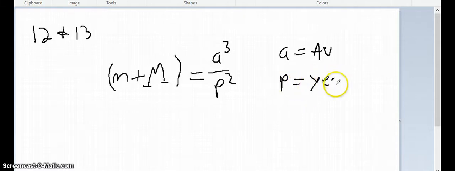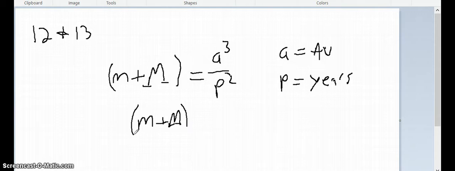All right, and then this combined mass is in units of what we would call solar units. So little m plus big M is going to be some number times the mass of the sun.